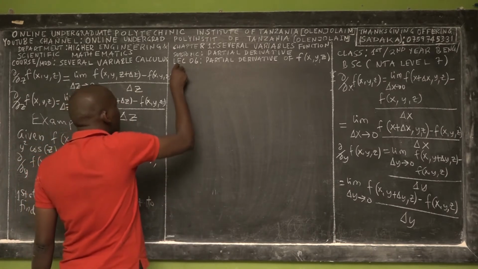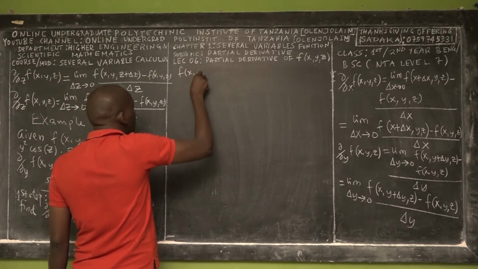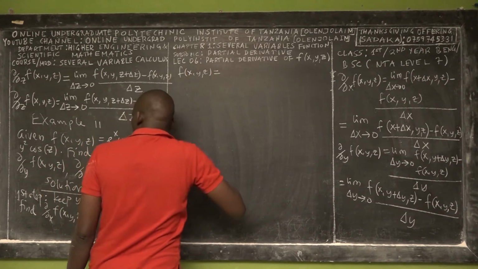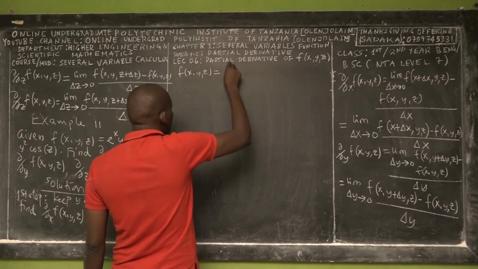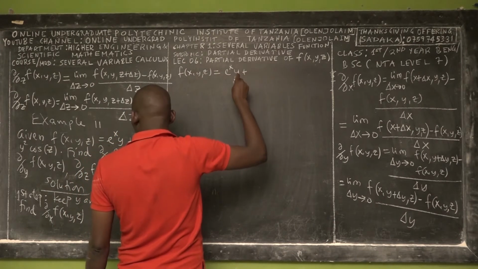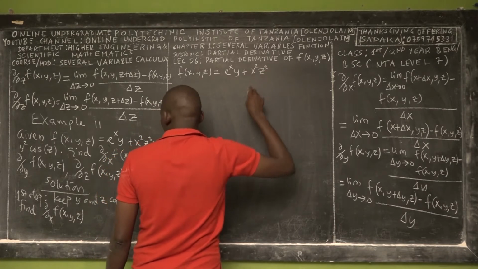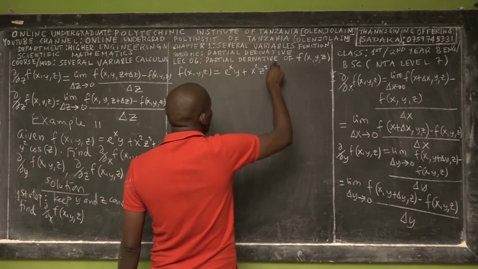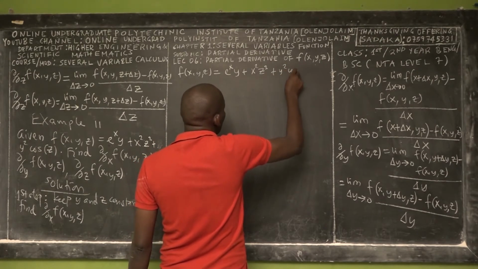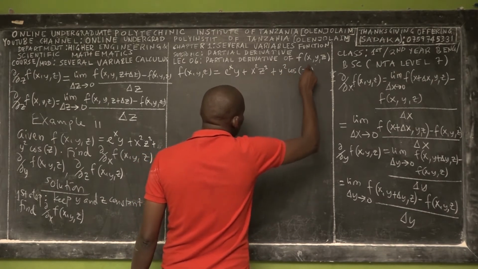We are given the function f of x, y, z equal to e to the power xy, plus x squared z cubed, plus y squared cosine of z.